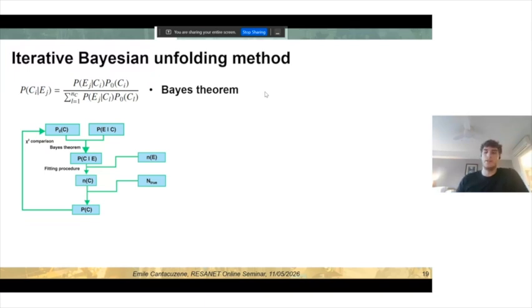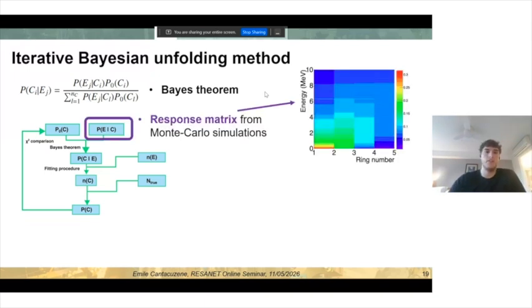And so now I'm going to detail each ingredient in this formula. The first ingredient is PEC, and it's basically the probability that, given a certain cause, so given a certain energy, I will detect my neutron in a certain ring. This is encoded in a response matrix that is obtained from the Monte-Carlo simulation.